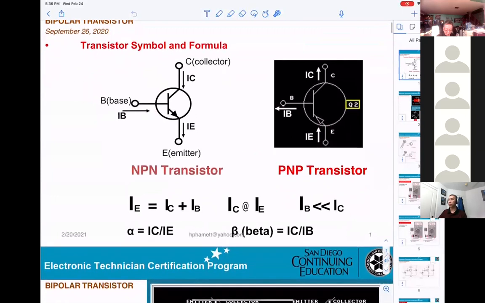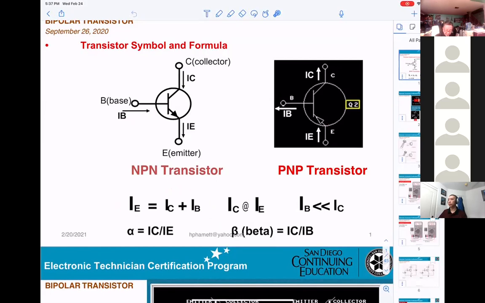And also the formula, not much. Normally IE equals IC plus IB. Easy to recognize: one going in, one going in. That will be IE equals IC plus IB, and the formula applies for both NPN and PNP.